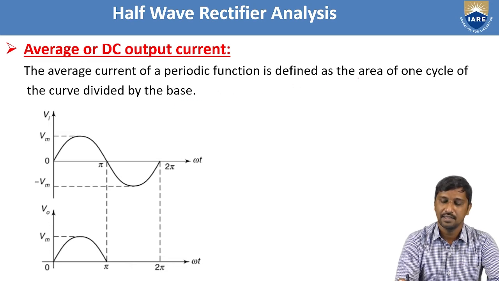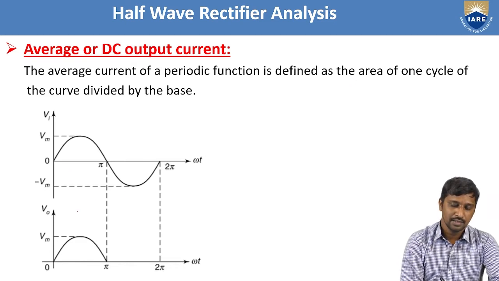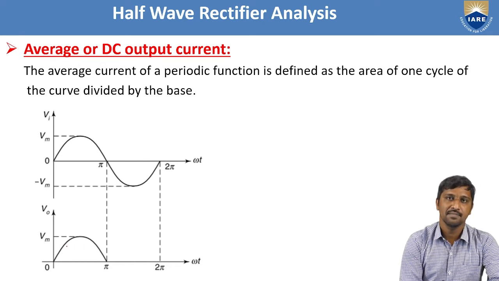Graphically, I am representing two responses here: one is the input signal, and the other is the output signal. In the half-wave rectifier, during the positive portion the output signal is Vm sin omega t, and during the negative portion the output voltage is 0.